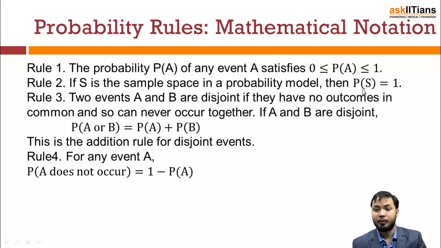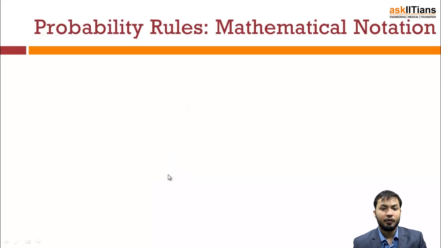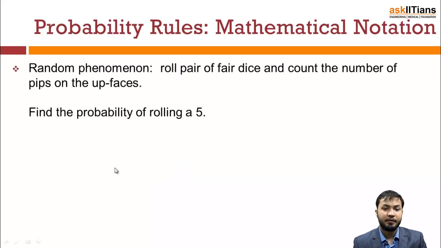Rule 2 says that the probability of the sample space is always 1. Rule 3: if two events are disjoint, then P(A or B) equals P(A) plus P(B). And rule 4 says that for a particular event not to occur, the probability is 1 minus P(A). Now in the next case we will see random phenomena.